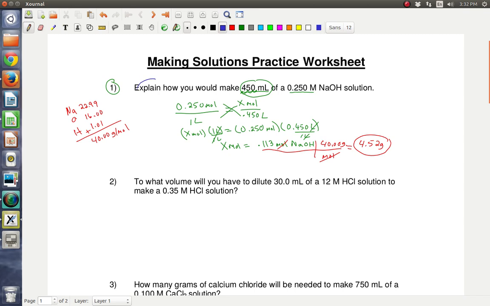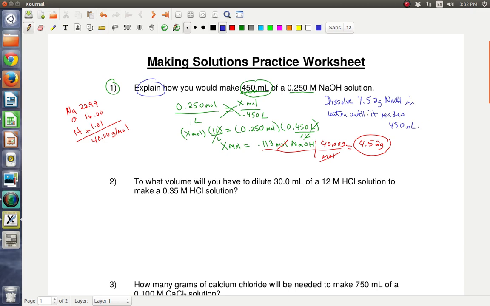Okay, now I can explain. And that's the key here, is explain it. How do I make the solution? You'd have to go to the scale first and weigh this out. I'm going to dissolve 4.52 grams of sodium hydroxide in water until it reaches 450 milliliters.